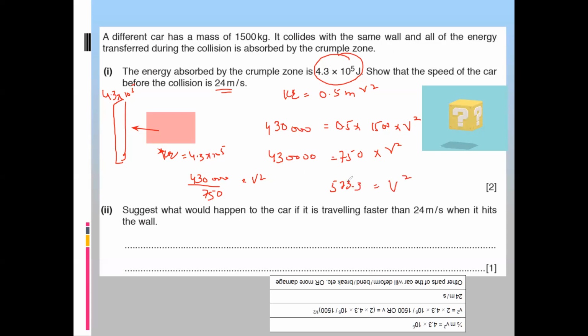But we don't need v square, we need v. So at the last, we'll take the under root. The under root of 573 is approximately 23.9, which is 24. So 23.9 meter per second. Is it clear, the first part?